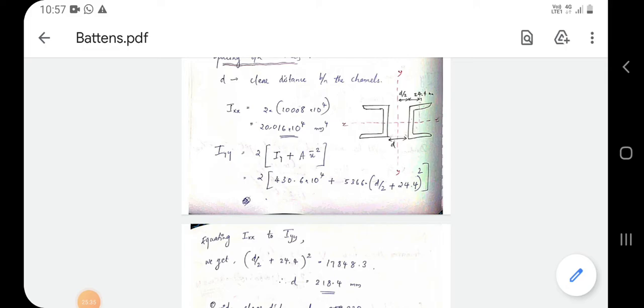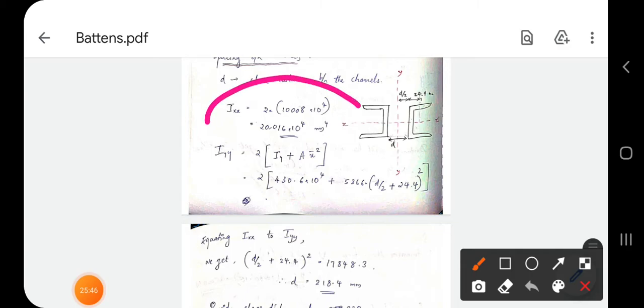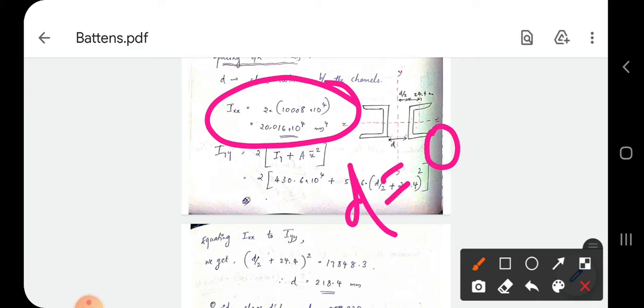So here in the x direction, both are same, so we can find Ix equal to 2 times Ix itself, because d equal to 0.